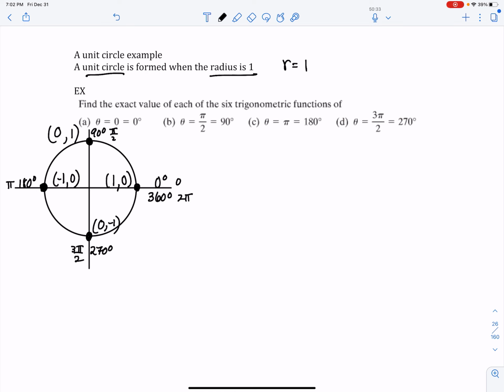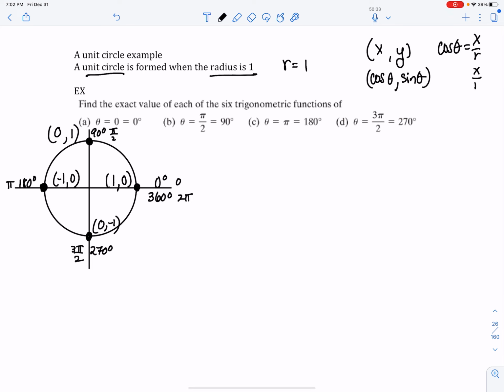I also should mention that on the unit circle, the x value will correspond to cosine, and the y value is going to correspond to sine theta. And the reason why is because of the definition. Remember that cosine is defined as x over r.